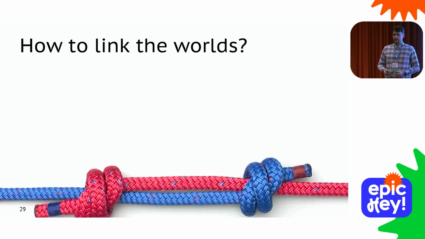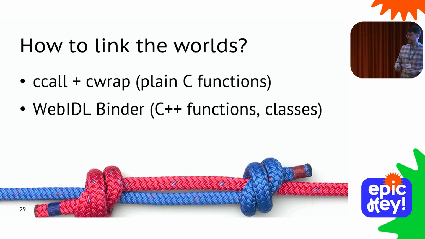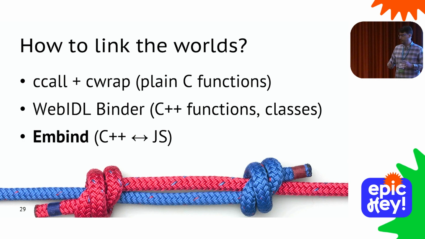Emscripten has three ways to do that. Ccall and cwrap functions. You could easily use them for C code, but they don't support C++ code. Another possibility is WebIDL Binder. It supports C++ functions, but it is another special language. We did not choose it because there is Embind.